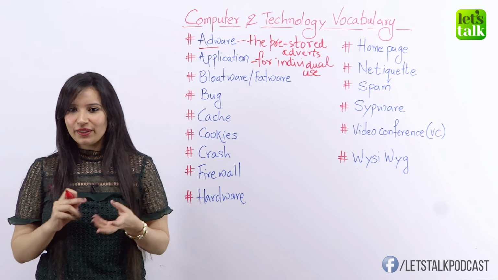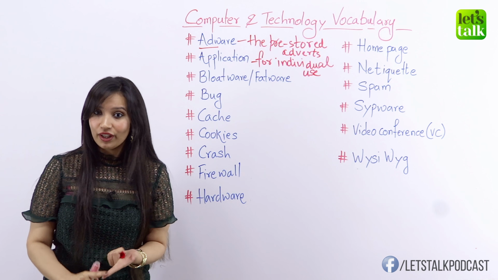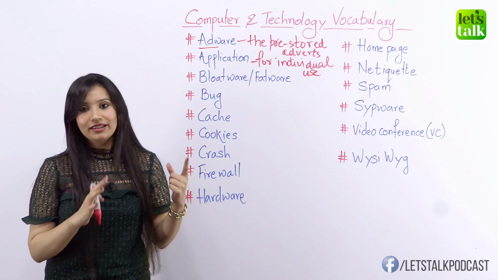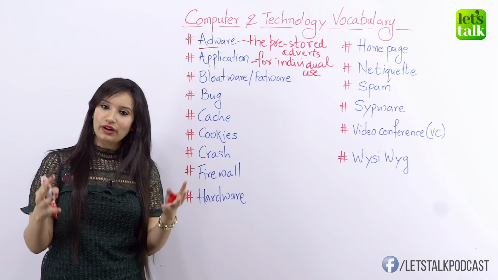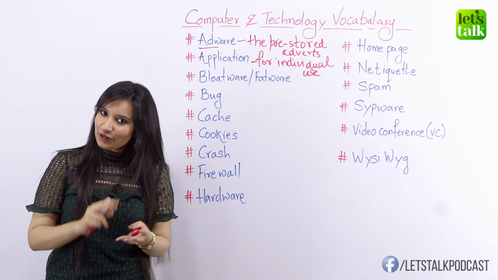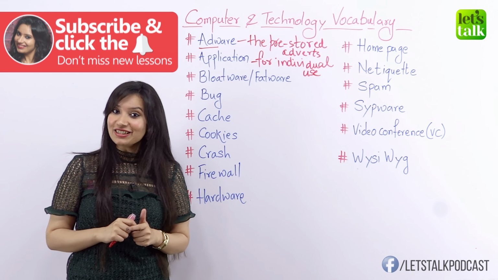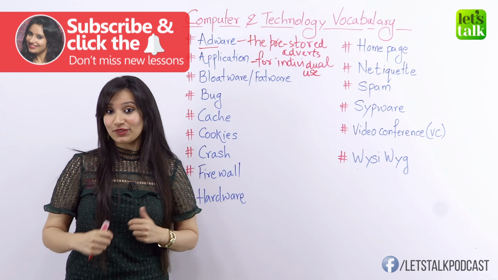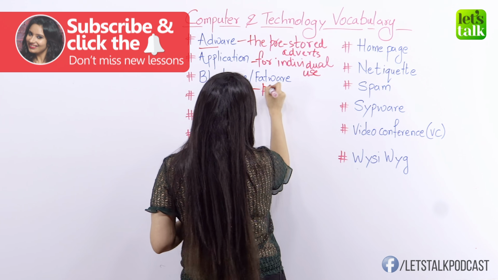So when you buy a computer, or even an Android phone, there are some pre-stored applications like Gmail or Play Store. These are what you call bloatware. With a lot of bloatware in your device, you don't have enough space to store personal data, and that's when you're in need of a memory card to save some personal data. So, pre-stored apps.